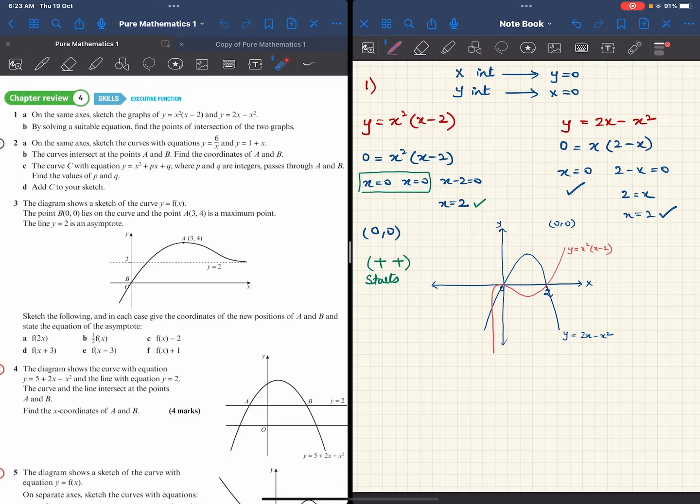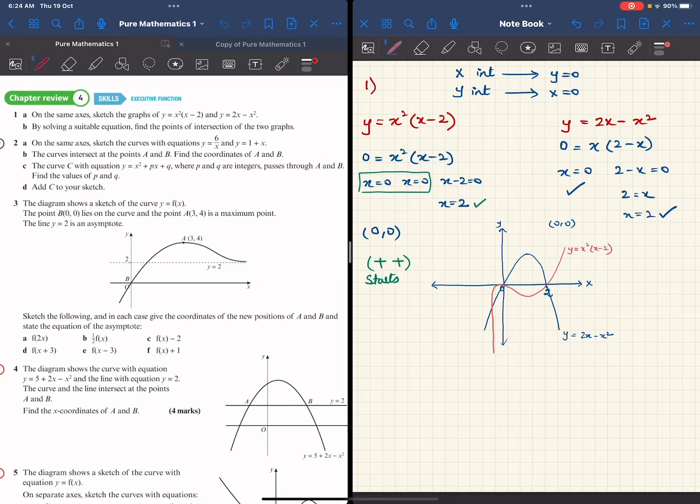When we want to find the point of intersection of the two curves, we equate the y values. So here we have y is equal to x squared into x minus 2 and y is equal to 2x minus x squared. We equate the two y values and solve them simultaneously.